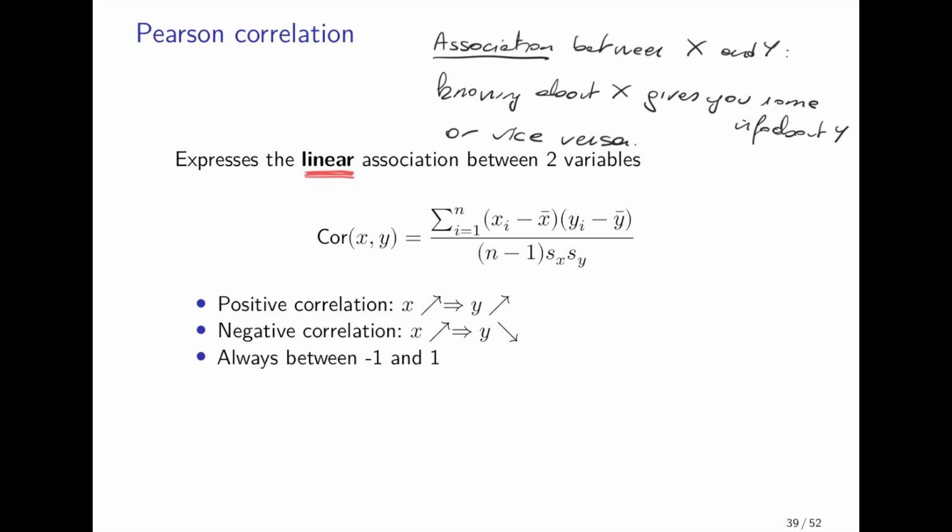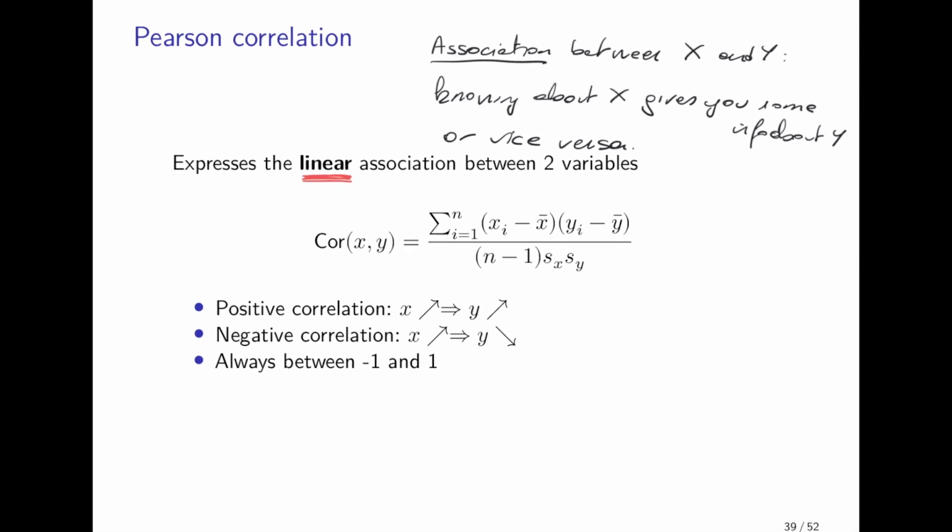So we compute the correlation by taking the sum over all the data points and taking the spread of data point x_i times the spread of data point y_i. So remember from the slide of the variance when we talked about the spread of a variable, we said, okay, for each data point, there's a difference between that data point and the average.